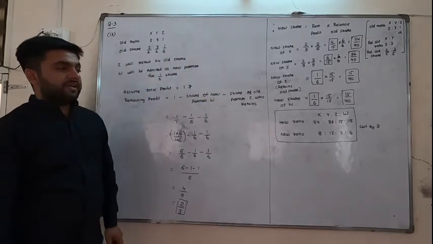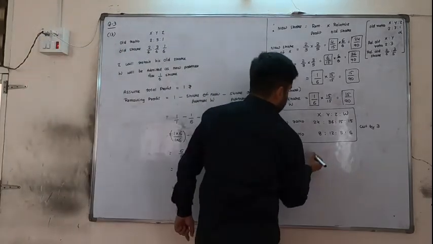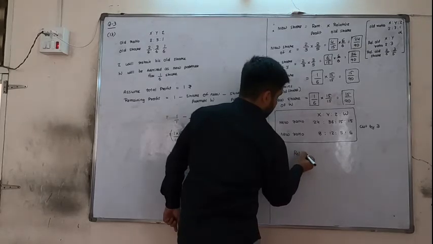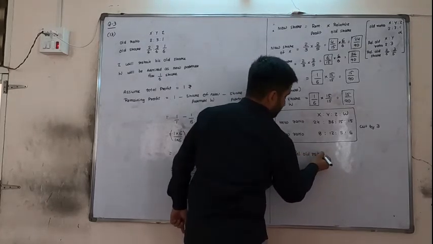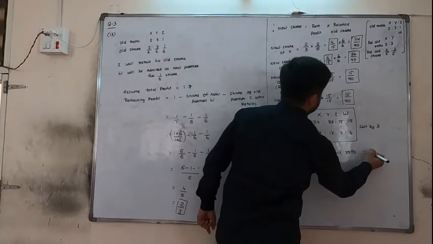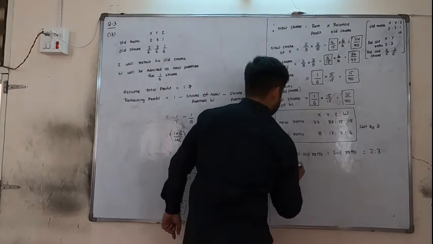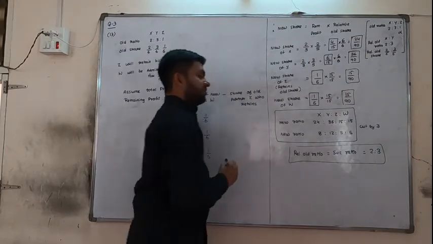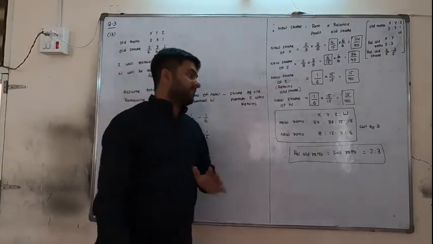So new ratio 8, 12, 5, 5. And as I said, relative old ratio is equal to sacrifice ratio, which is 2:3. But not the old ratio, the relative one, because one partner is excluded from it.